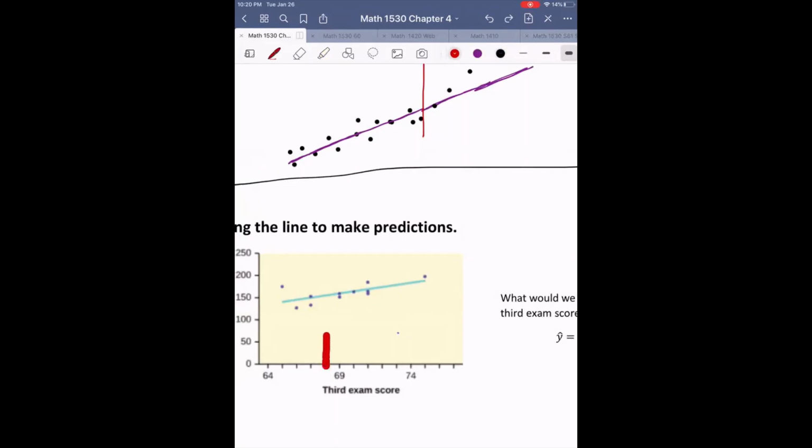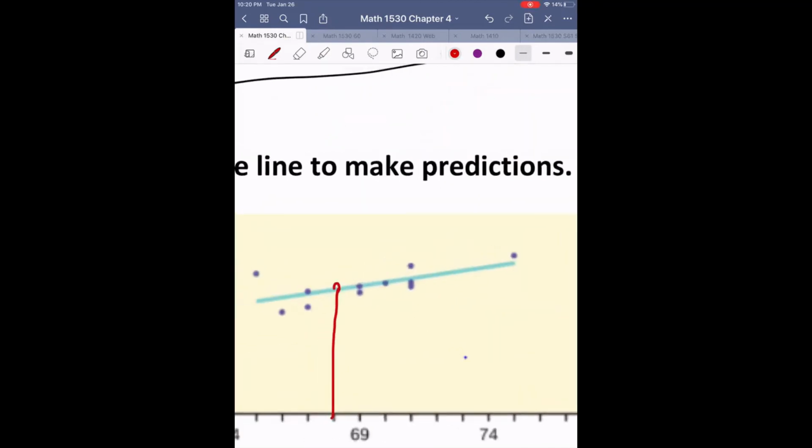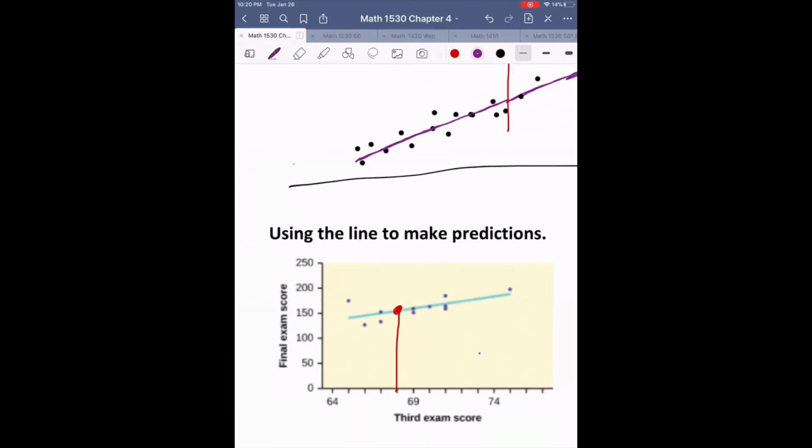And we can see where that hits on the line, and put a point there. And we can determine the corresponding Y value. That corresponding Y value will be my predicted value. Okay, again, we're using this line to make a prediction.